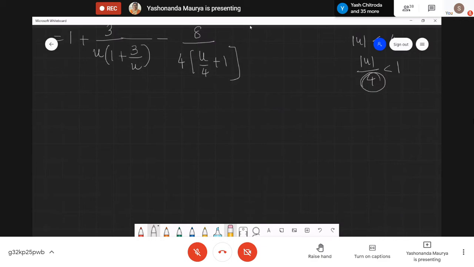Now we'll write down the expansion. So what will be this? 1 plus 3 by u, and over here this expression turns out to be 1 minus 3 by u plus 3 by u whole square. Now it will be negative, and I have a negative also here.